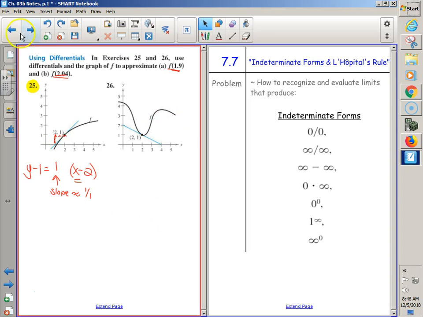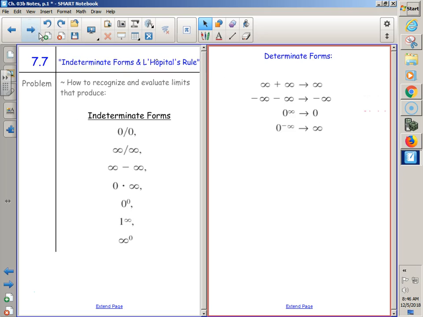We'll go down there. What is going on with L'Hôpital's? Have you ever plugged into a limit problem? Chapter 2. Plugged into a limit problem. Isn't that how we find limits? Try to plug it in. Have you ever gotten a 0 over 0?